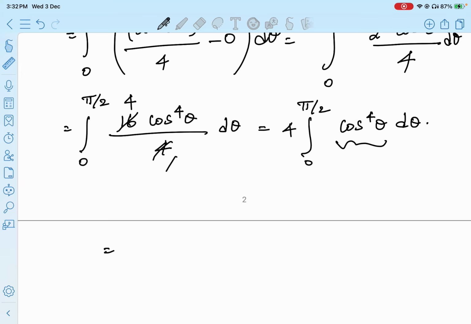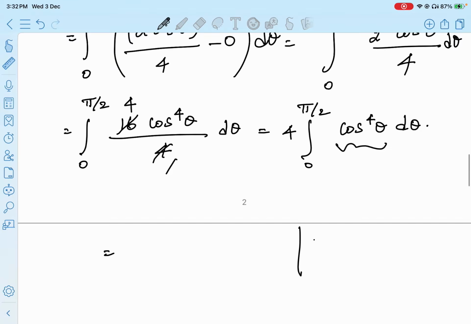So using that, we are going to evaluate integral 0 to pi by 2 cos power n theta d theta.